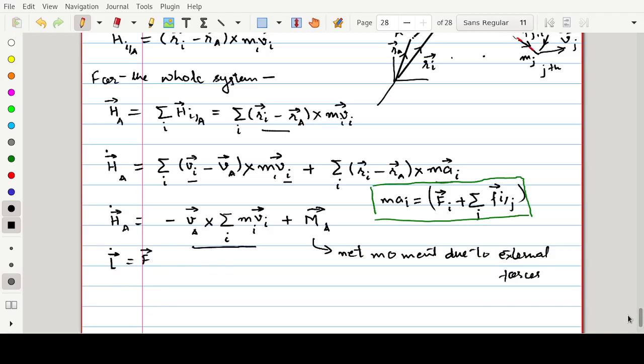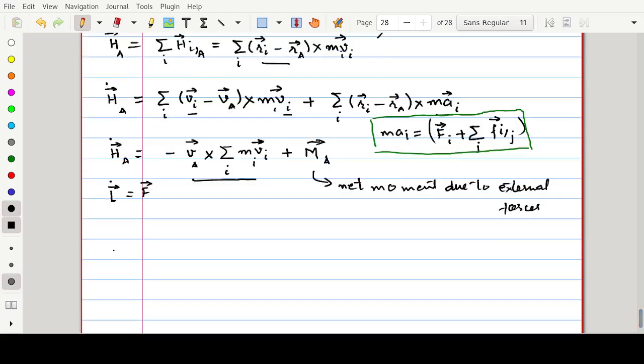So when this term is 0, my final relation, HA dot is equal to net moment due to external forces, is valid for two cases when this term is 0. So this term is 0 when either VA is 0, this implies A is fixed.